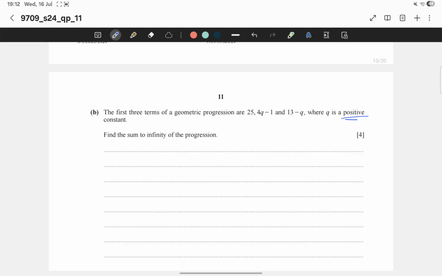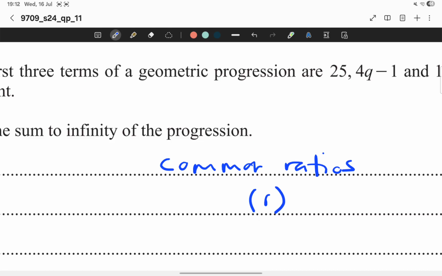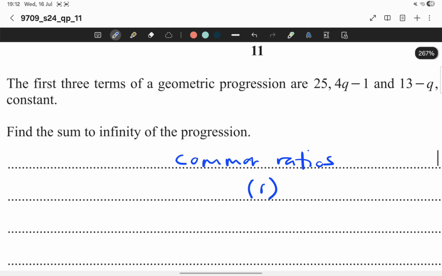And we know that with geometric progressions we have common ratios, which we refer to as r, which is also constant, so it means it's the same. If we say the second term over the first term, it should be equal to the third term over the second term.